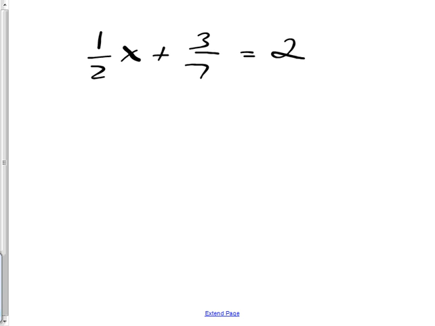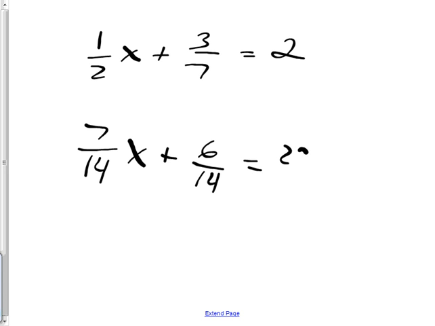So that's what you're really doing, is multiplying by the common denominator. Because you could do this by making this all into 14ths. Okay, and 1/2 would turn into 7/14 x plus 3/7 if I turn it into 14ths, so it'd be 6/14. And then the 2 would be how many 14ths? 28/14.